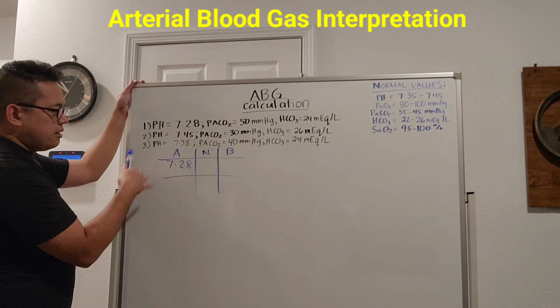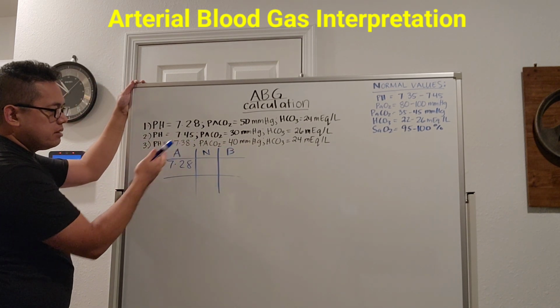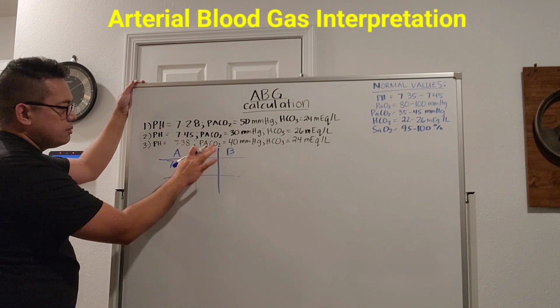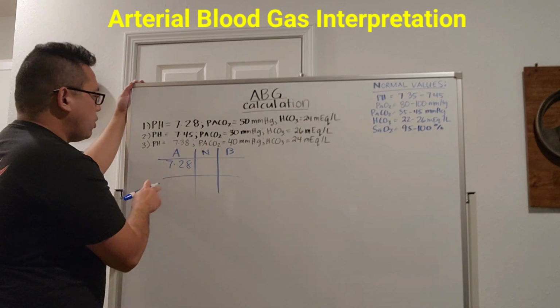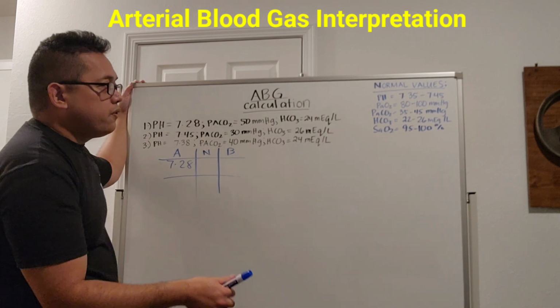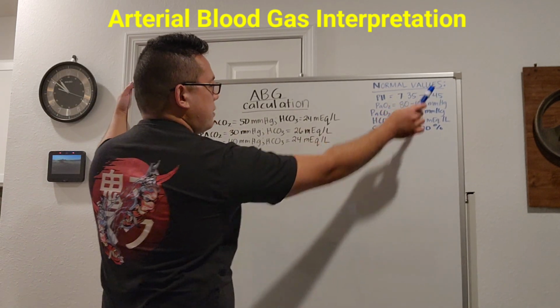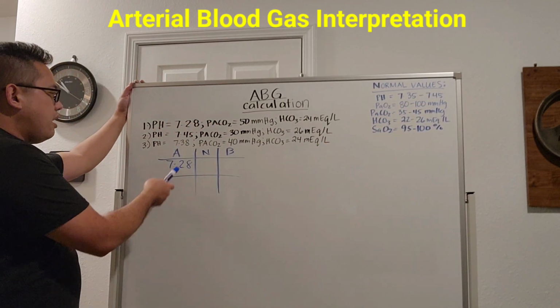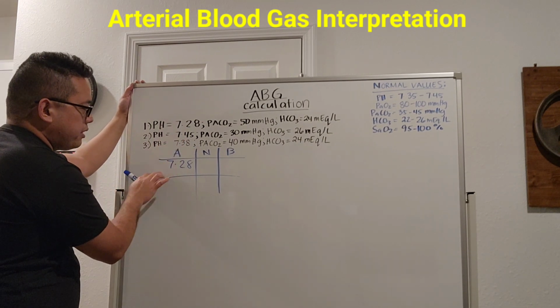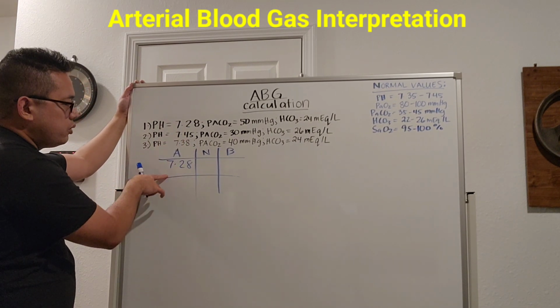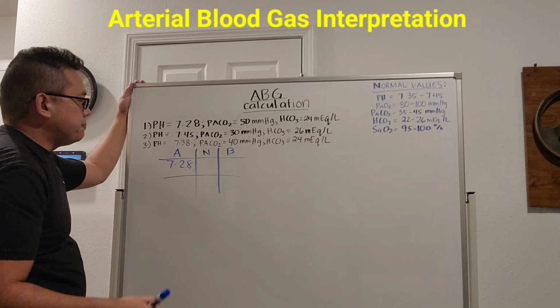Because if it's below normal, it's going to be acidic, and if it's above normal level, it's going to be basic. So since our normal for pH is 7.35 to 7.45, 7.28 is going to be on the acidic side. So I put this one on the left side of normal, so it's 7.28 over here.